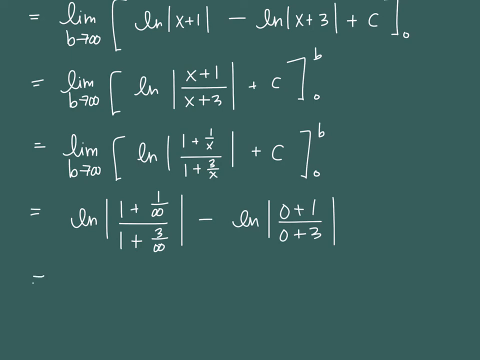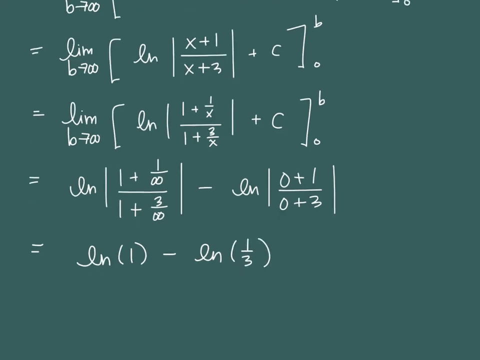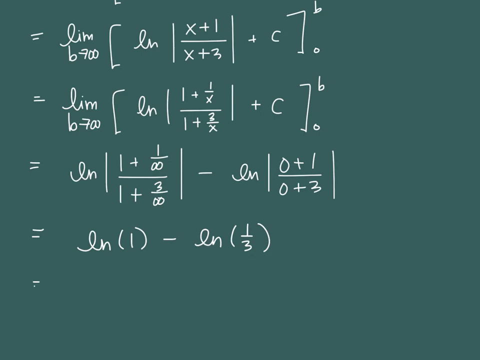Okay, so ultimately what do we get? The natural log of 1 minus the natural log of 1/3. The natural log of 1 is 0. The negative natural log of 1/3 is the same as the positive natural log of 3. Did I do that too fast?